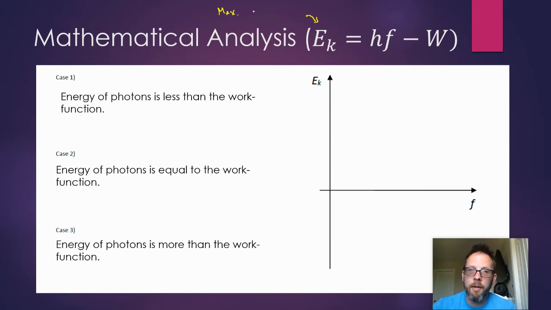This EK stands for the maximum kinetic energy of the photoelectrons. h is Planck's constant. f is the frequency of the incident light, that's the frequency of the light you're shining on it. And the work function, remember, was equal to h times f naught. And this is the work function.